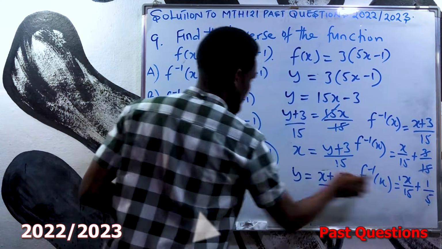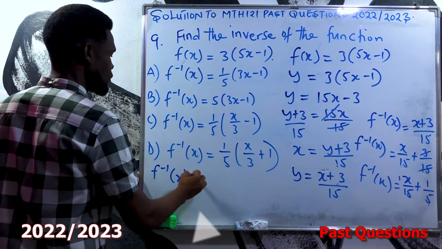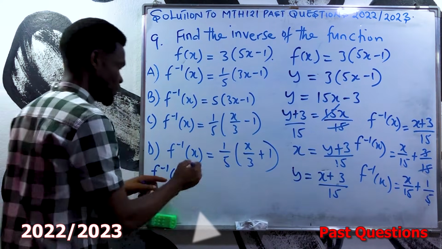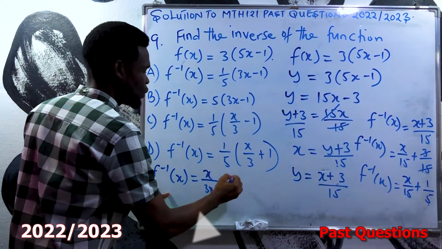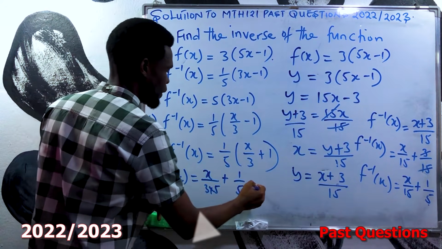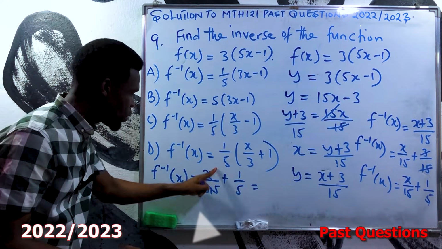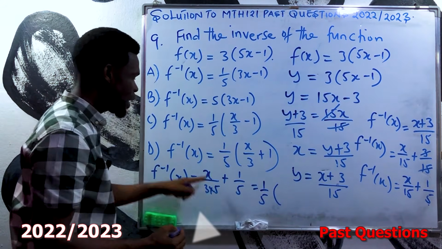Let me repeat this, please. So look at it. f inverse of x is equal to, now this is x over 15, which means x over 3 times 5 plus 1 over 5. So this is equal to, you know that 1 over 5 is here, also 1 over 5 is here. You bring out 1 over 5. So what am I left with here?